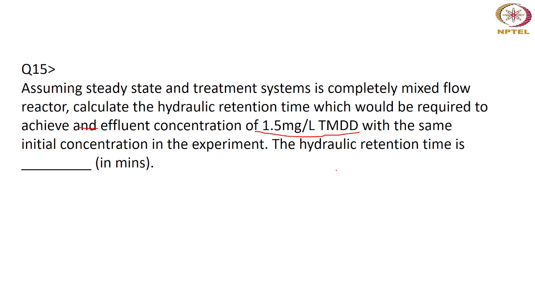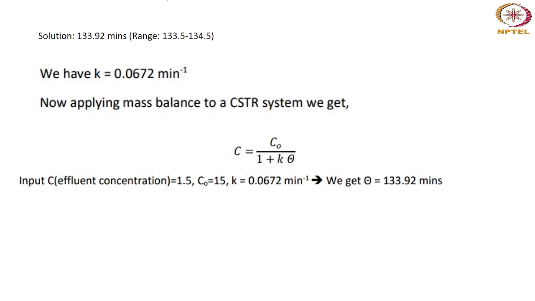Okay, we'll go for the solution. We already calculated the rate constant K value, that is 0.0672 per minute. Then you have to use this equation, for a first order reaction in a CSTR, a mixed flow system. You can refer to the lecture; I will not discuss how these formulas come about. Better not to just remember them, but go through the lectures and try to understand how we get these equations.